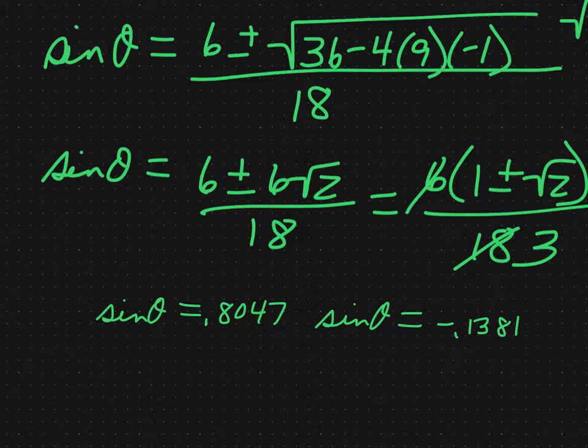And if we sine inverse those two, I better make sure I'm in degrees, this was a problem in degrees, wasn't it? Okay, and I'm in degrees. So if I sine inverse 0.8047, I get 53.58 degrees.